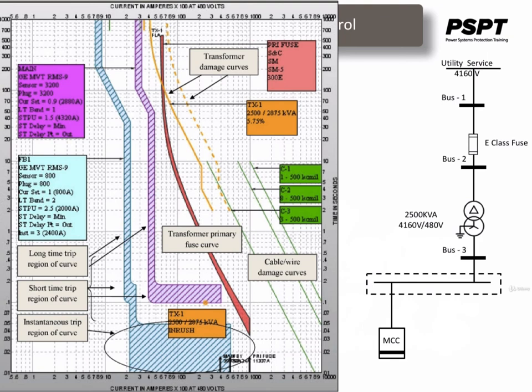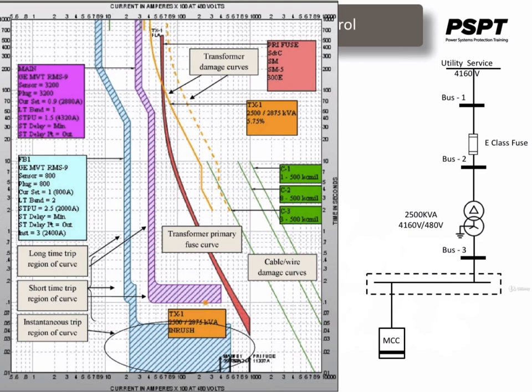The 480 volt secondary side of the transformer feeds a piece of low voltage power switchgear, utilizing draw-out low voltage power circuit breakers for the main and feeder circuits.